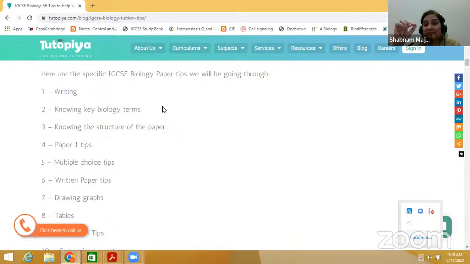Because if you mix up the biological key terms, they resemble each other but they are totally different. For example, glucagon and glycogen: if you don't write the right spellings, they are totally different. Glycogen is a polysaccharide, a carbohydrate. Glucagon is a hormone. So you need to understand the biological terms.